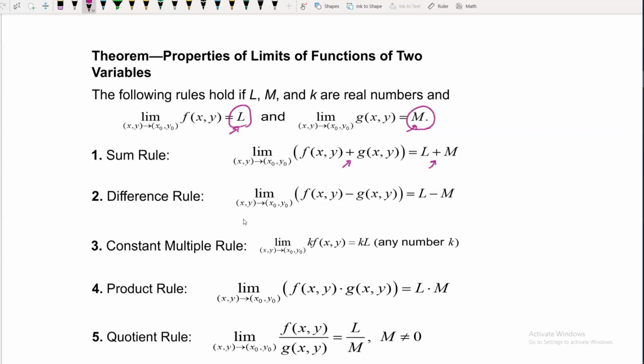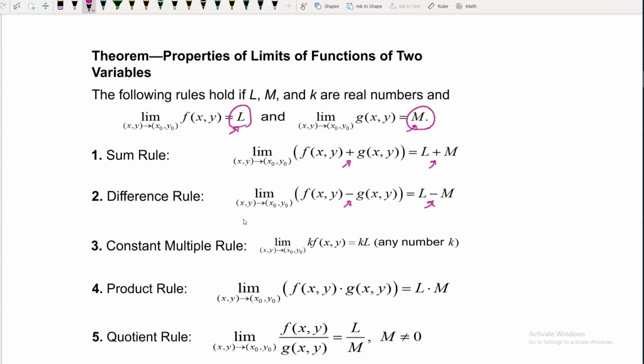Now difference rule. We're going to have exactly the same as what we did on number one, but instead of addition we have subtraction. So limit as (x, y) approaches (x naught, y naught) of f of x, y minus g of x, y is equal to L minus M, because we have subtraction. Number three, constant multiple rule.